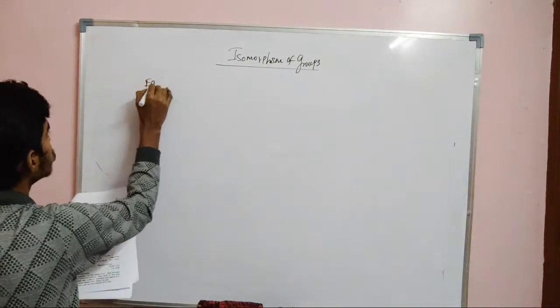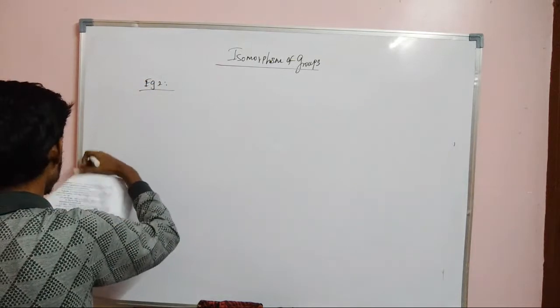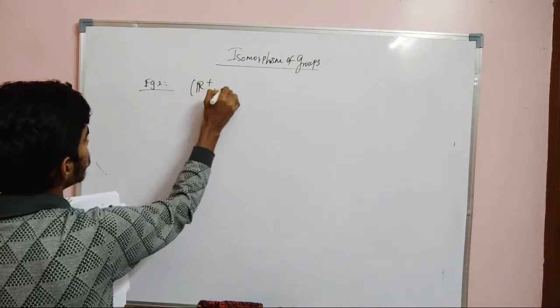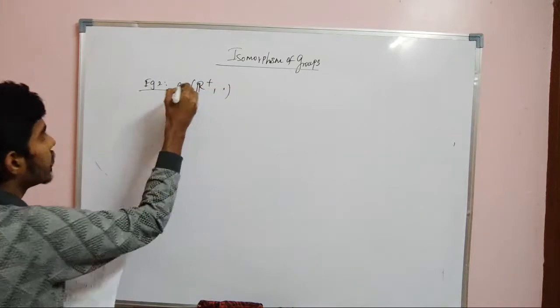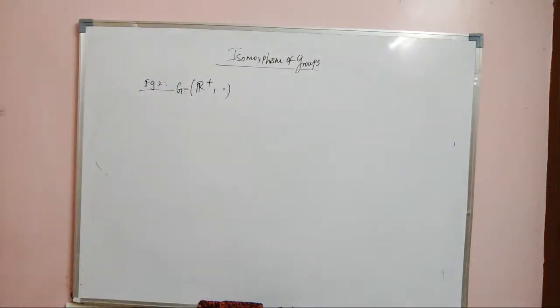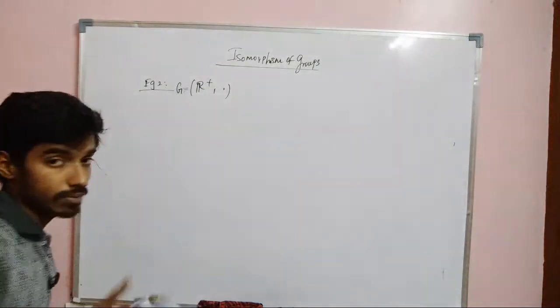Example 2: R plus, the multiplicative group, so I am taking R plus comma dot, the set of all positive real numbers under multiplication. Remember 0 is not positive, right?